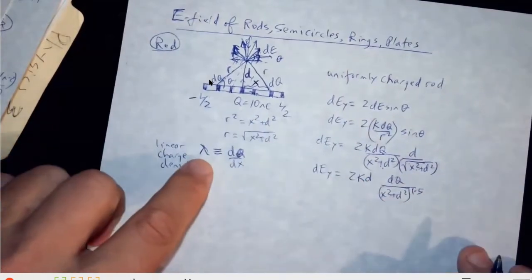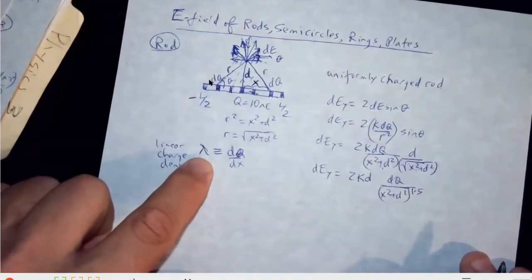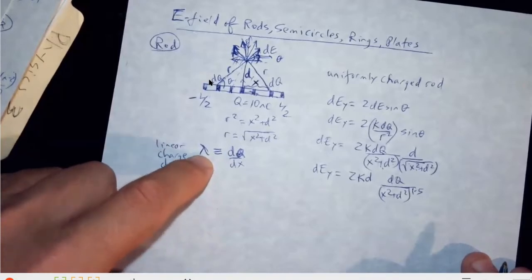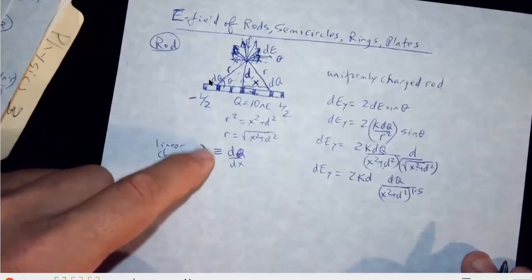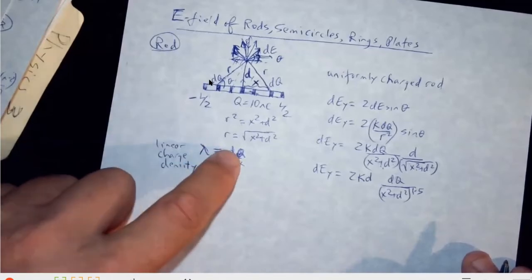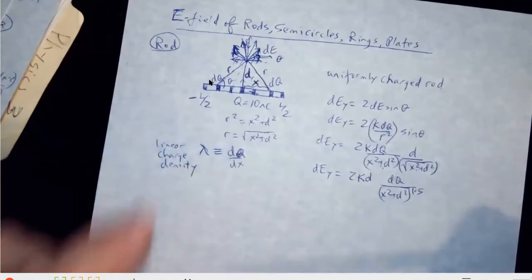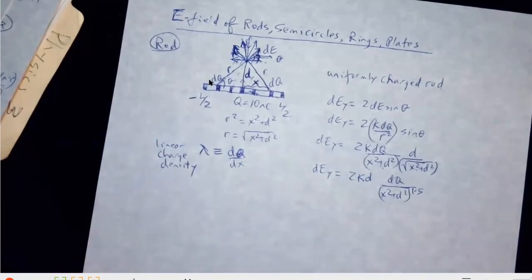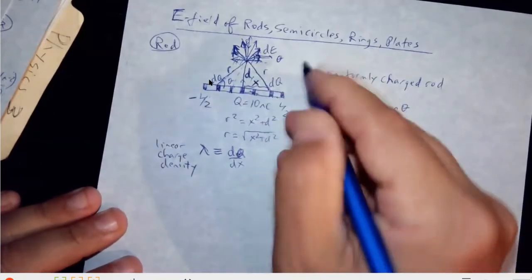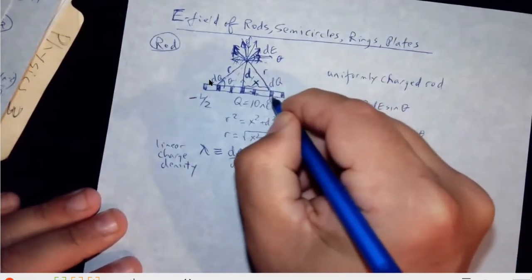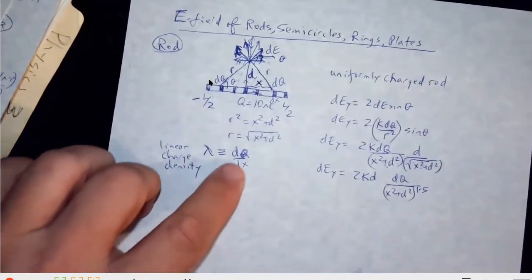This is a tool that we use even in physics 101 when we want to find the center of mass of something. We say linear mass density, and then we define it as dm over dx. So it's a way of describing the distribution of the mass or the distribution of the charge. So it tells you how much charge is included in every dx, in every small increment of the rod, right?